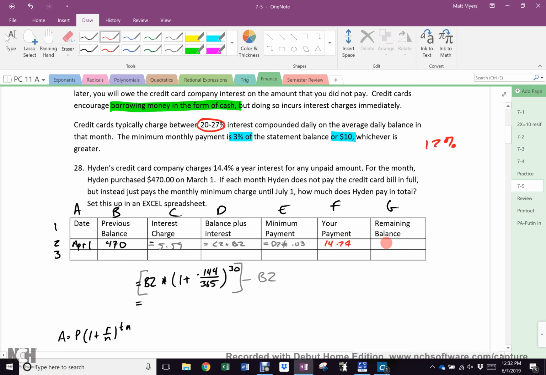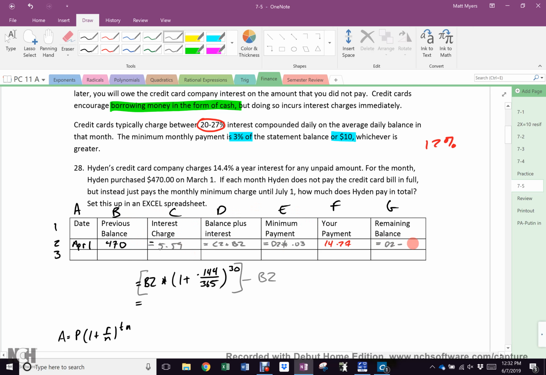What's the remaining balance? What's that going to equal? What would I type in here? How much did I owe? Where was what I owed? B, C, or D?